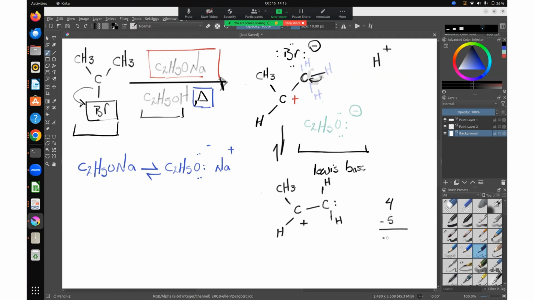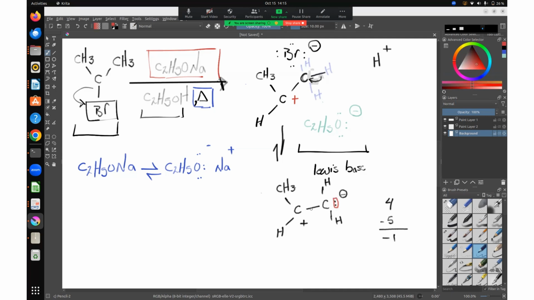When you subtract, you get negative 1, which denotes the presence of a carbanion, a carbon which is negatively charged, which is going to be very unstable. Then you have to kick out the cause of this instability, which is these lone pairs of electrons.